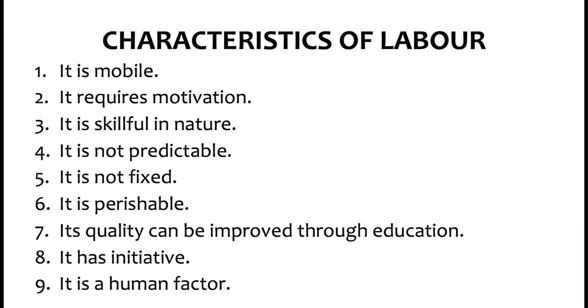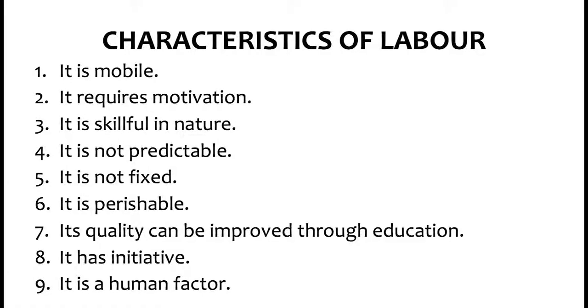Anything can happen. You may think they are doing very well today, producing very well. Tomorrow, anything can change. Number five, it is not fixed, unlike land. Land is fixed in nature, but labor is not fixed. It can increase and decrease depending on the circumstances, depending on what you are really in need of. If you need more, you can get more.